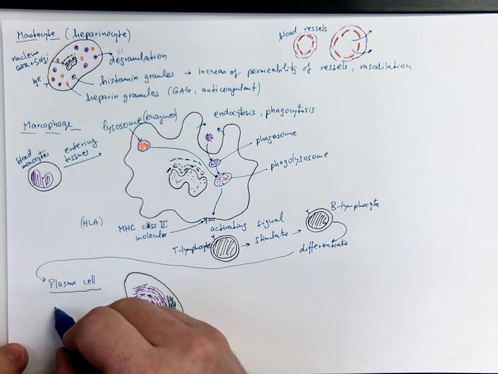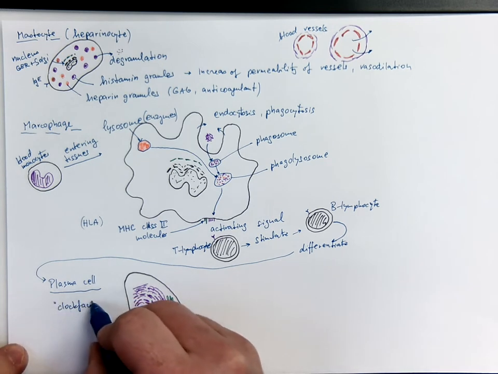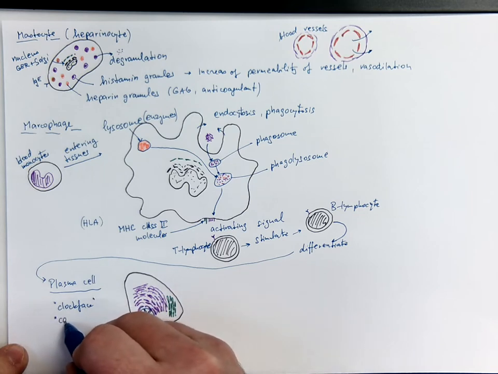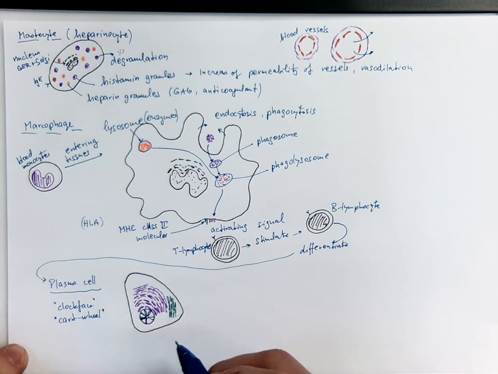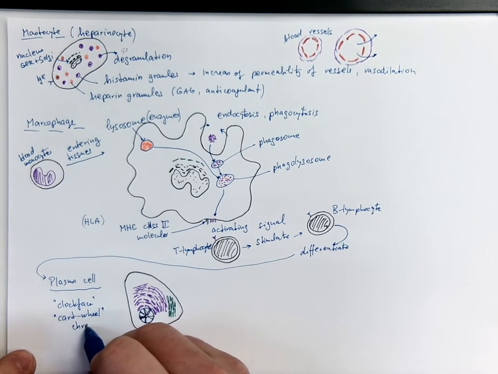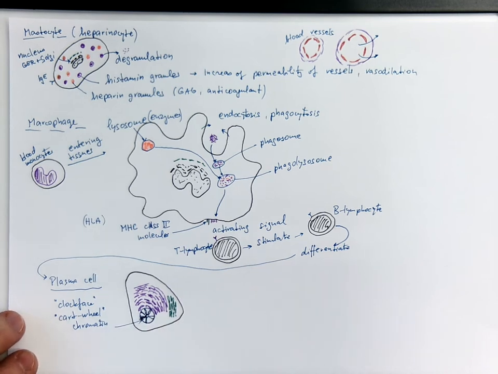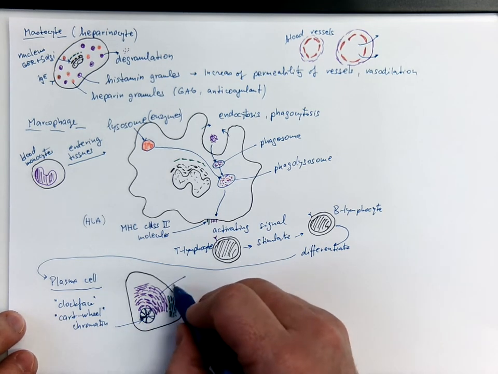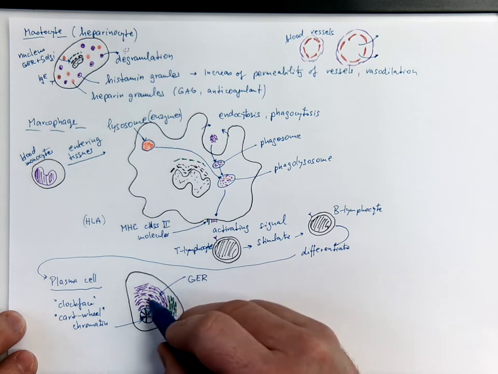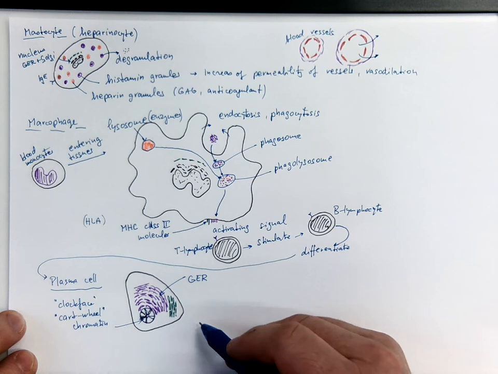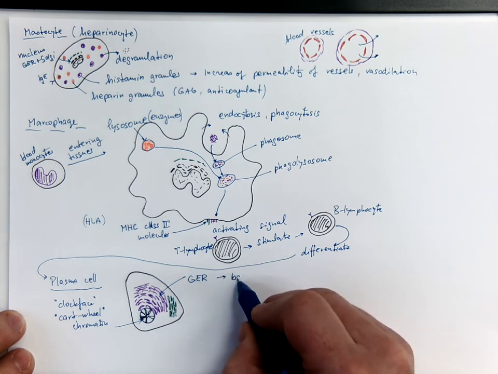So we have this clock face or cartwheel distribution of chromatin in the cell nucleus. We have extremely well developed granular endoplasmic reticulum with the ribosomes on it, where the proteins are produced. Therefore, the cells are strongly basophilic.